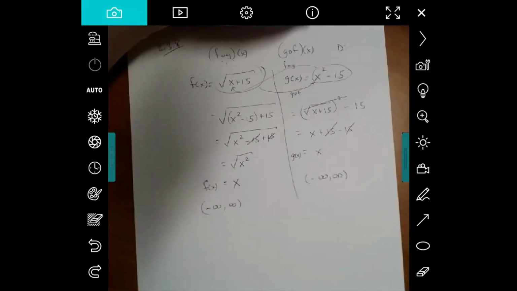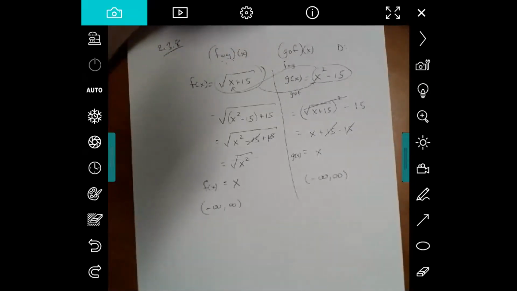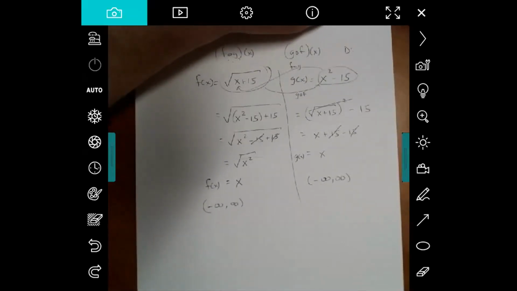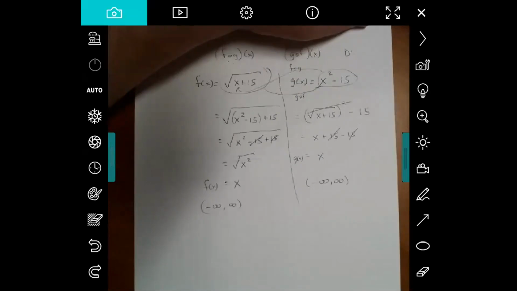Where's my square root? My square root is gone. There it is. So it's the square root of x squared.